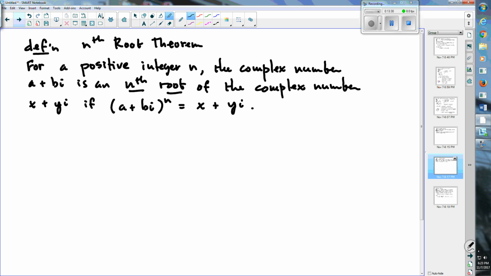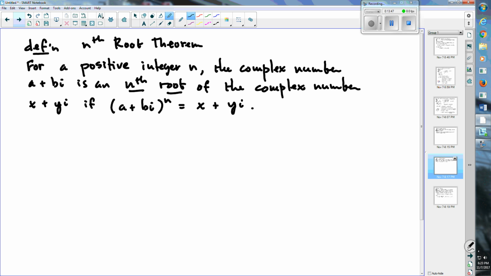It says, for a positive integer n, the complex number a plus bi is an nth root of the complex number x plus yi if a plus bi to the n is equal to x plus yi.